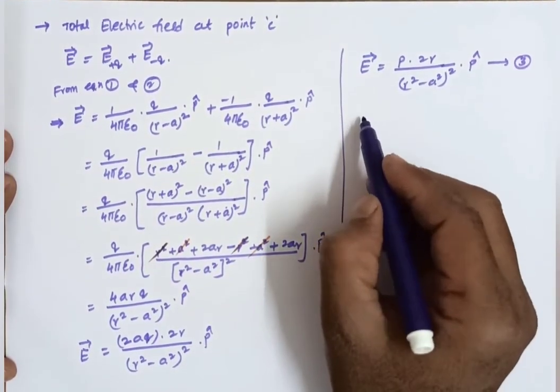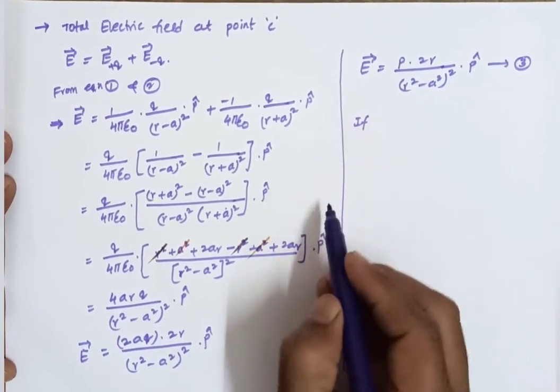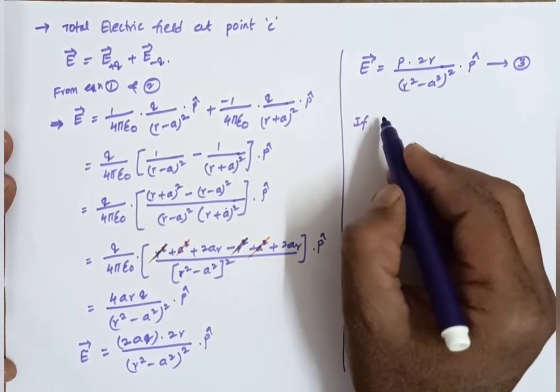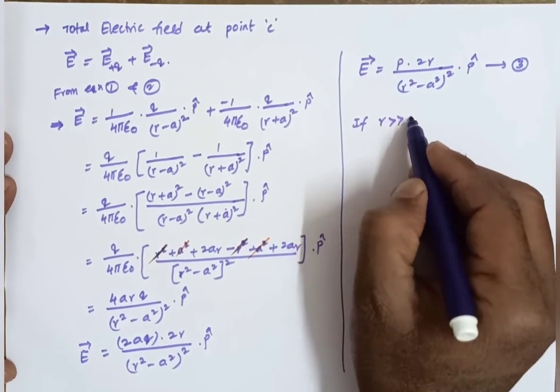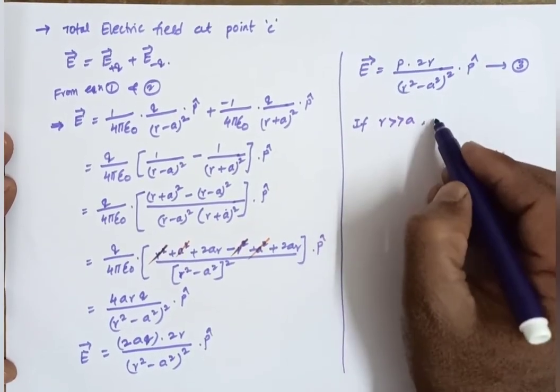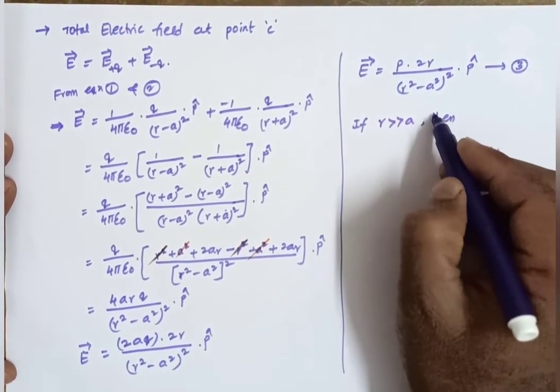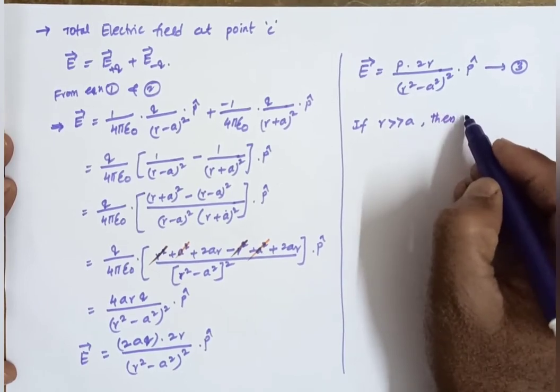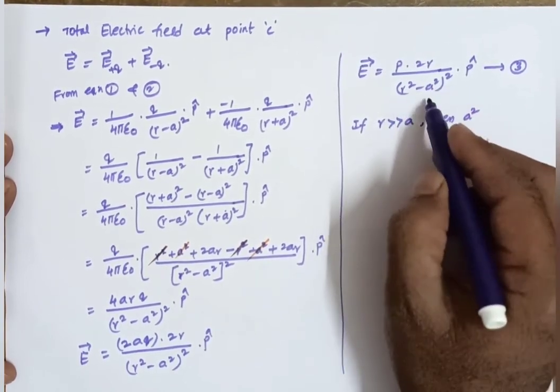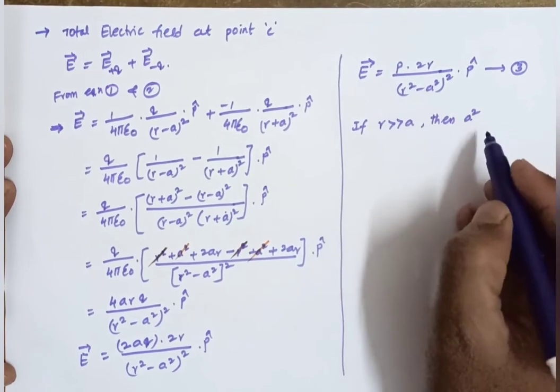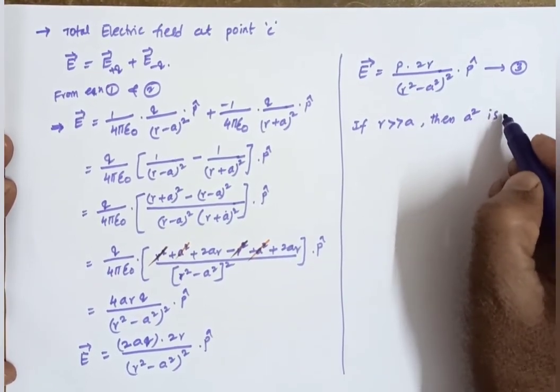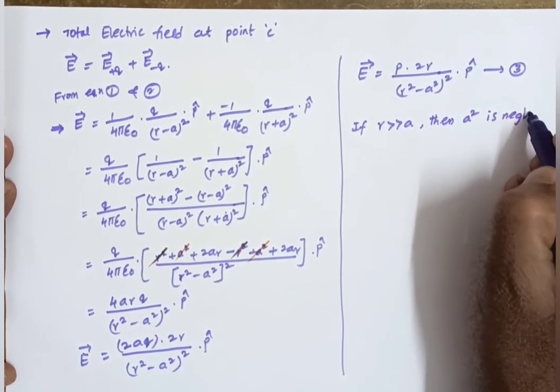Here, if R is much greater than A, then the A square term is very small compared to R square, so A square is negligible.